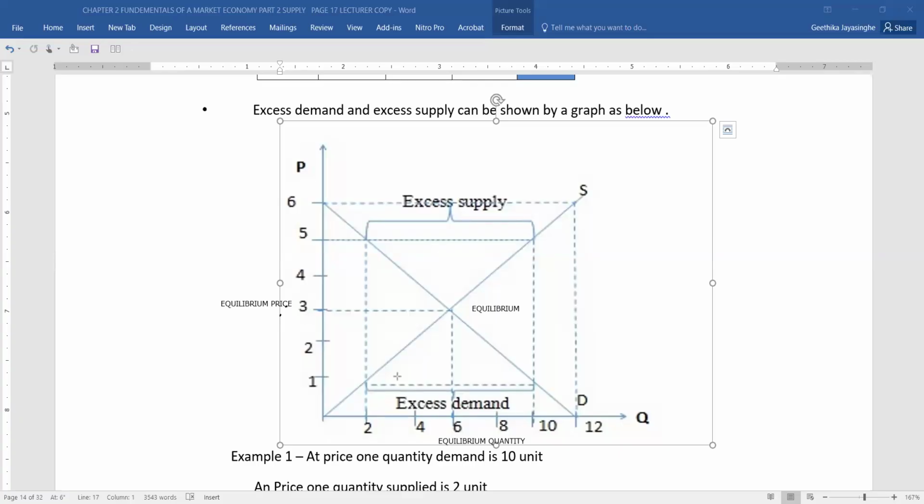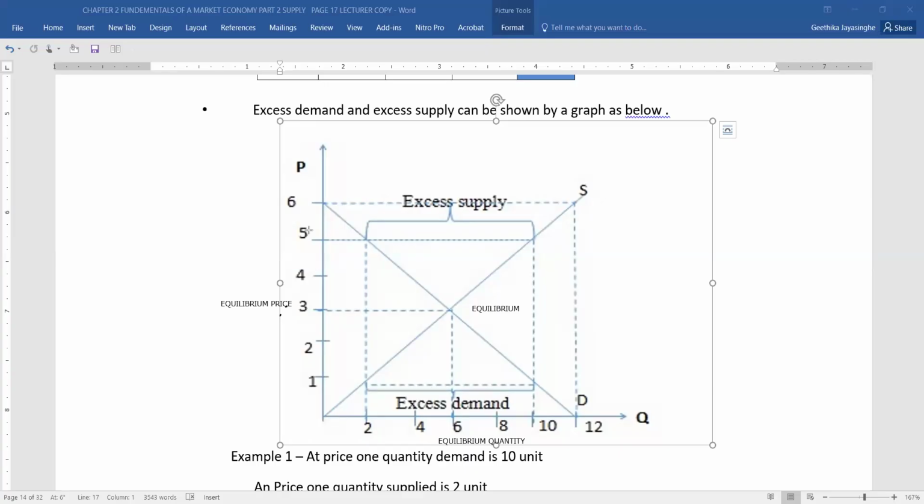So supply will be somewhere here. They don't want to supply at all. So there's a huge difference between the supply and the demand. So below the equilibrium price, you get an excess demand situation because the demand is here, supply is there. At equilibrium, demand and supply both will be the same.